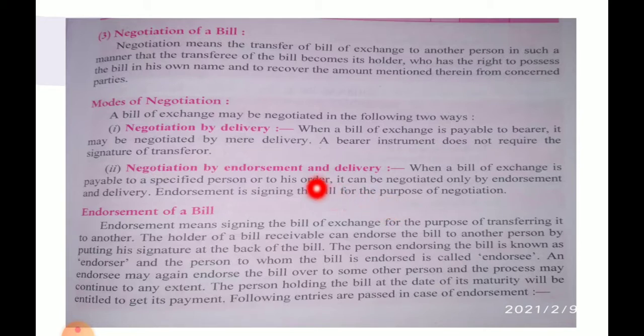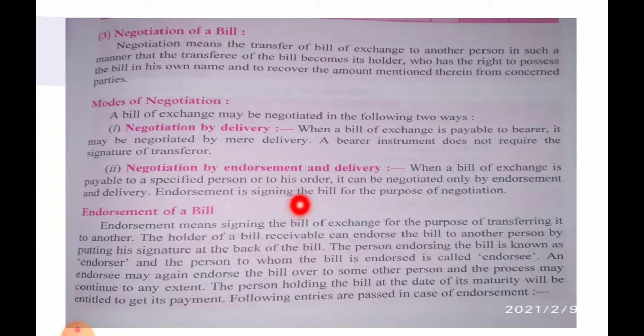Modes of negotiation are of two types. First, only by delivery. When a bill of exchange is payable to the bearer, it may be negotiated by mere delivery. It means whosoever receives that bill, whosoever has that bill, becomes the holder of the bill.